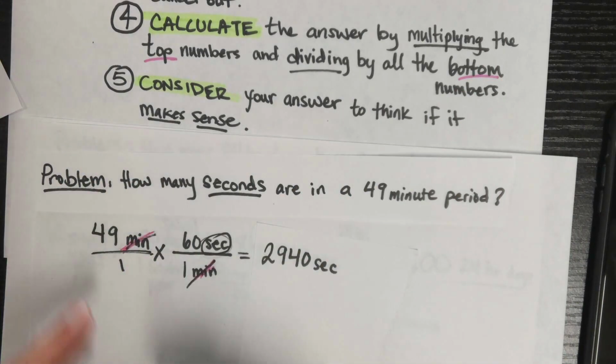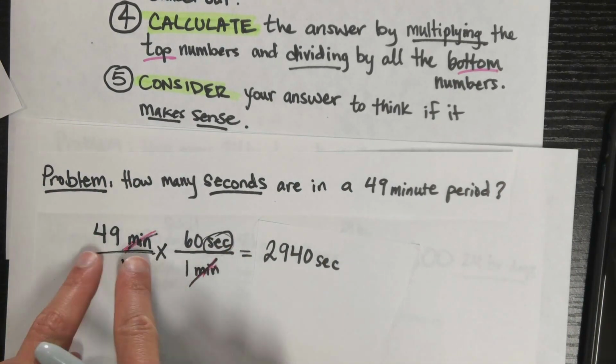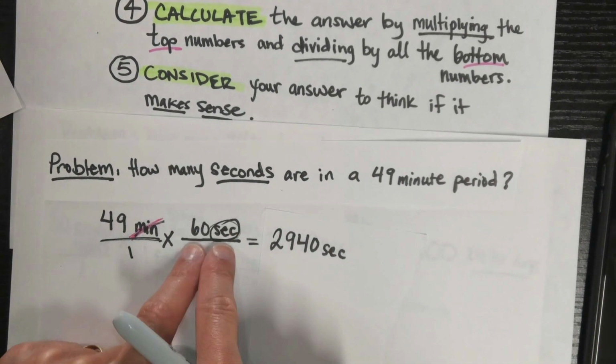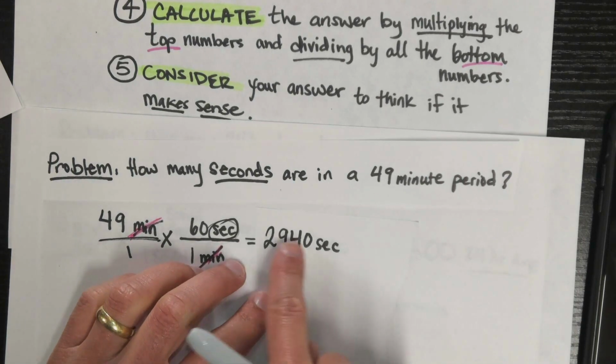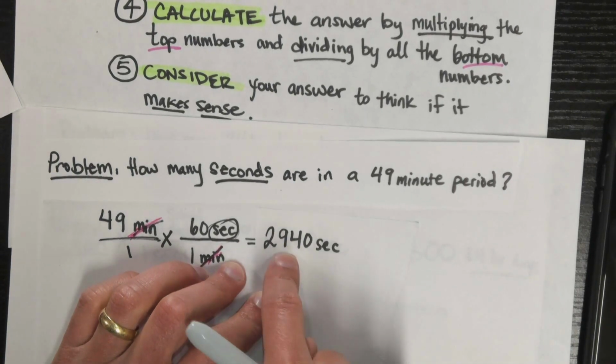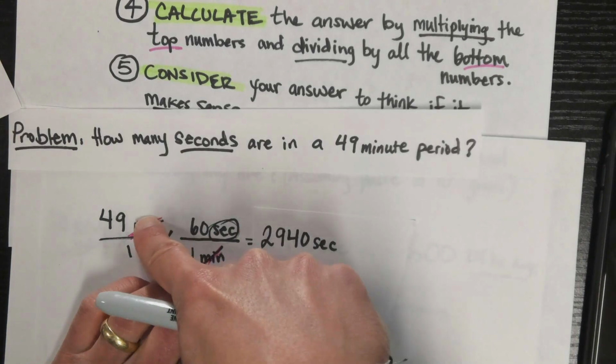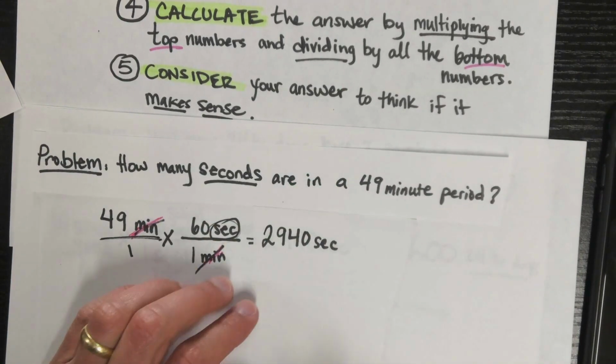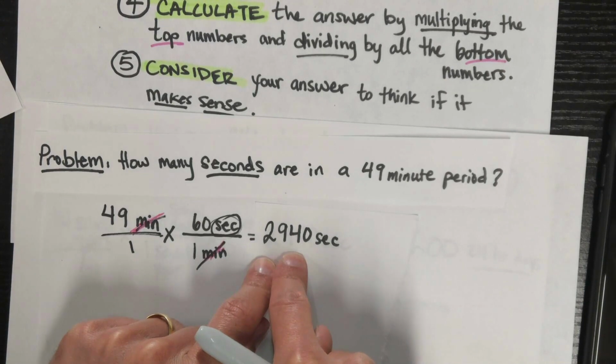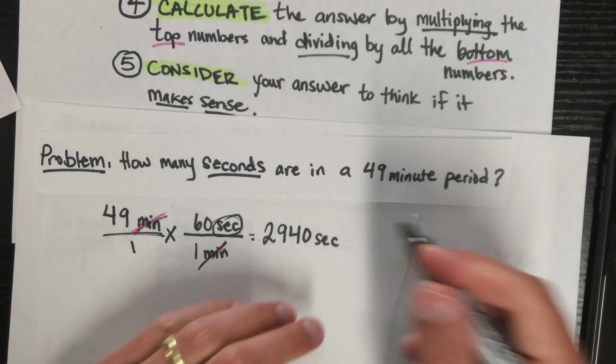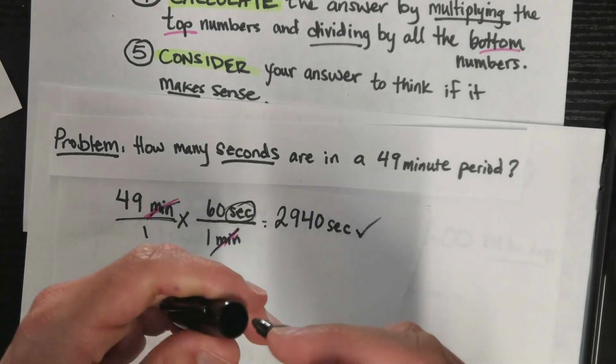So knowing which unit's bigger, as I converted from a big unit to a small unit, I'm going to get a bigger number because I need more of those little units to equal out the big unit. So the 2,940 seconds makes sense, and it passes the test.